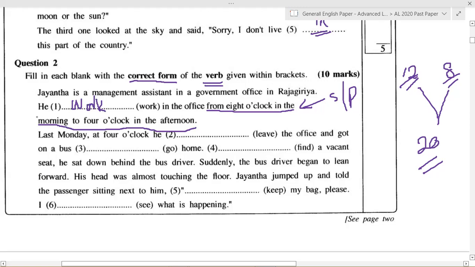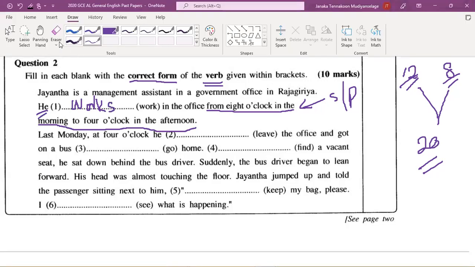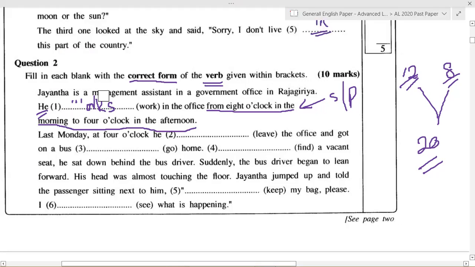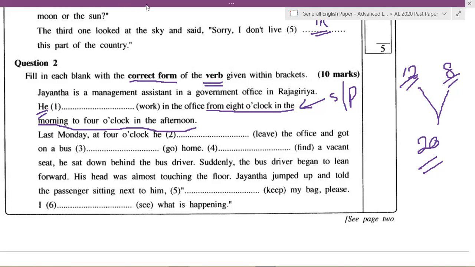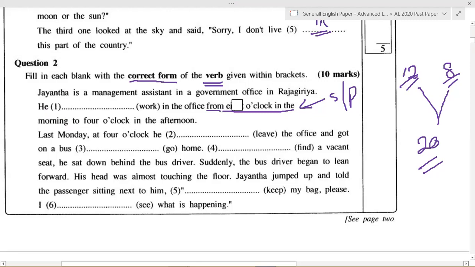Not just that, the subject is singular, so you use s to make the verb singular. Let me write it a bit more clearly. I'm going to rub these off. Now you know what I'm talking about.